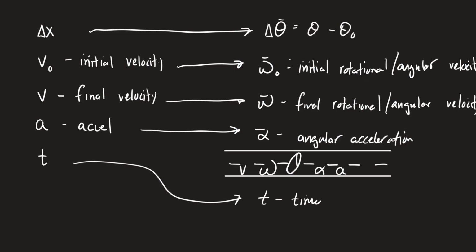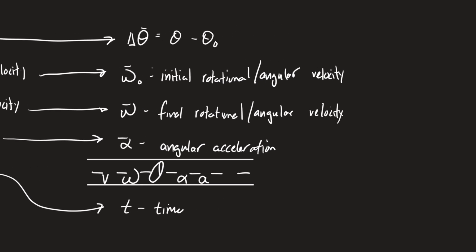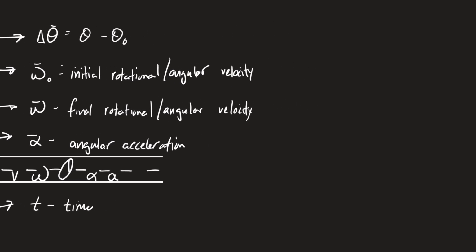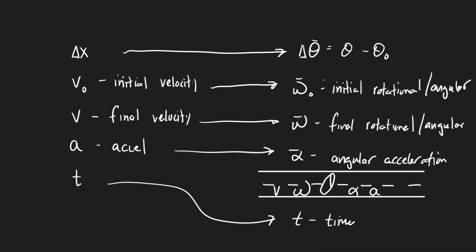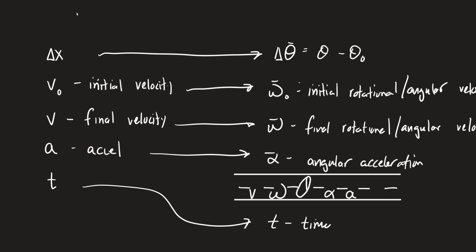So for things that are behaving in a manner that's rotational and not translational, you will use the rotational letters. But all of those rotational letters mean the same thing. So if we had, for linear, V equals AT plus V naught, do you realize there's got to be an angular relationship that's going to be the same?